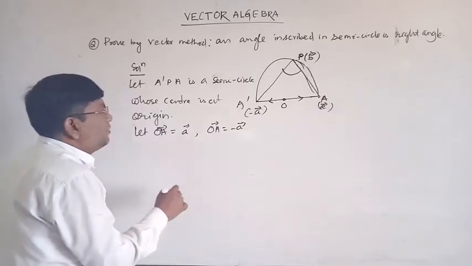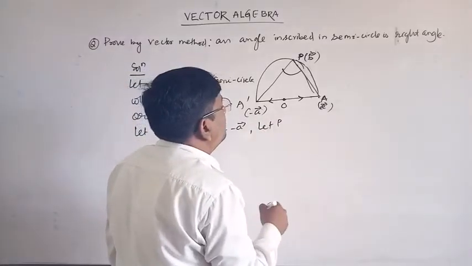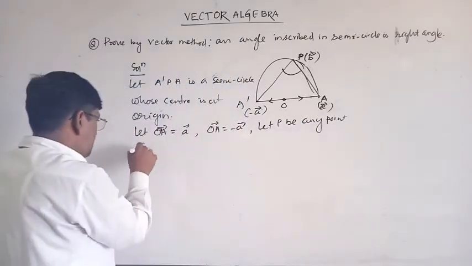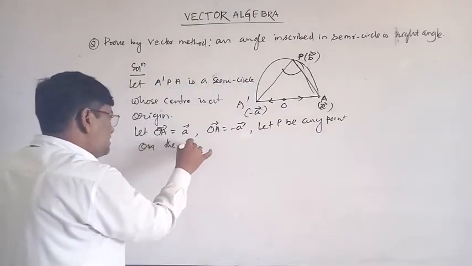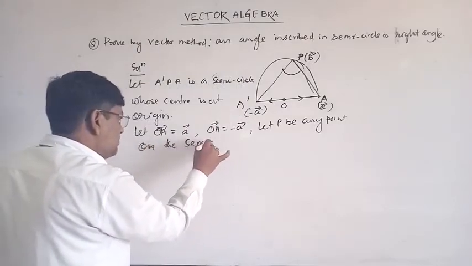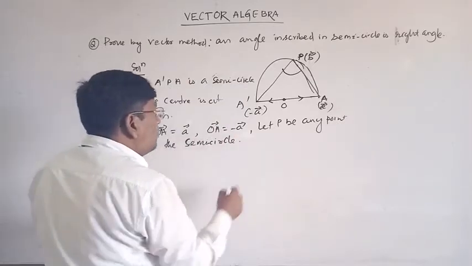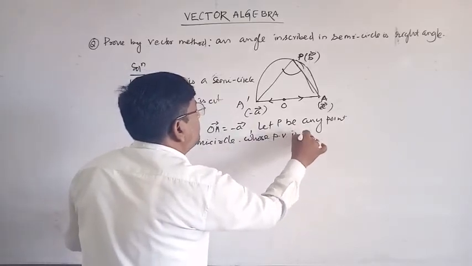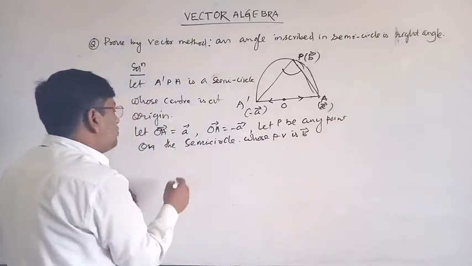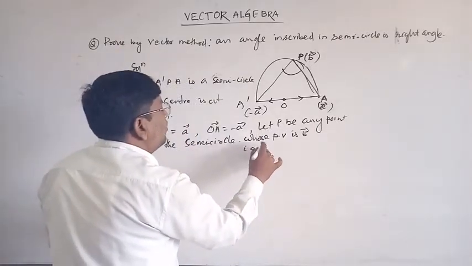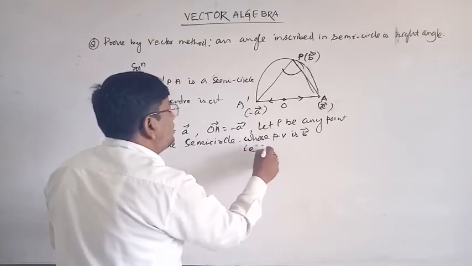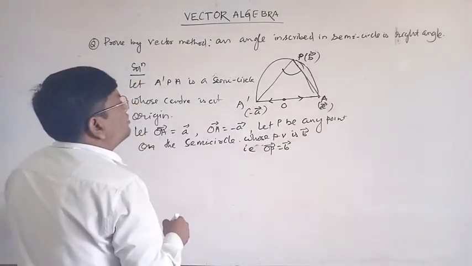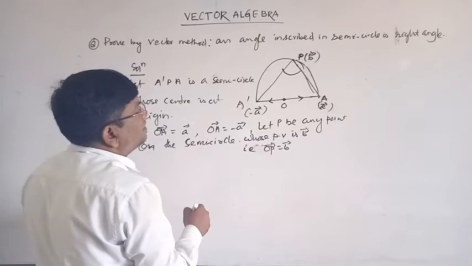Now let P be any point on the semicircle whose position vector is B vector, that is OP vector is equal to B vector. Clearly, this is what?